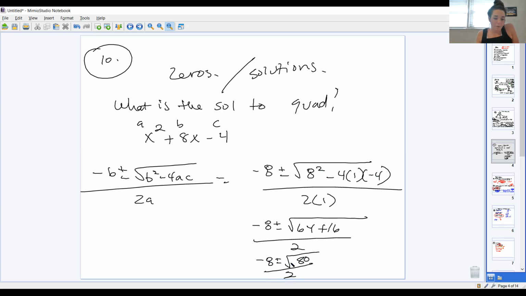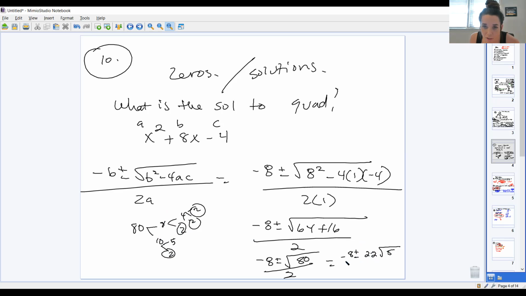And so now I'm going to simplify. Okay, so I'm going to take 80 and list out the factors. Let's do 8 and 10. So this will be 4 and 2, and 5 and 2. This will break down into 2 and 2. Remember, you can only exit the radical if you have an exit buddy. So this will be negative 8 plus or minus 2 is going to come out, and then another 2 is also going to come out.